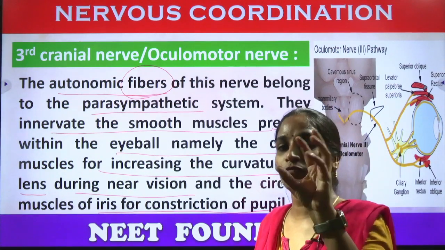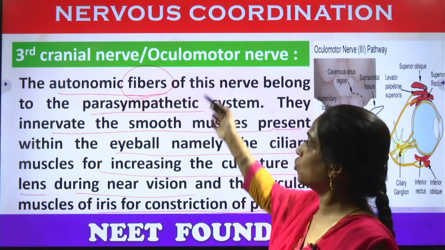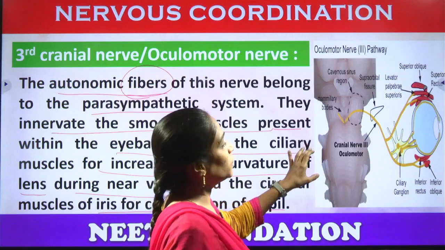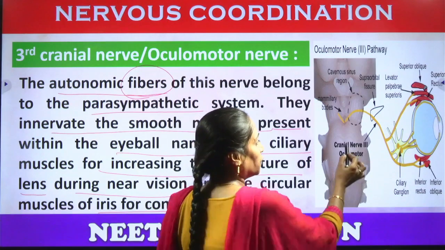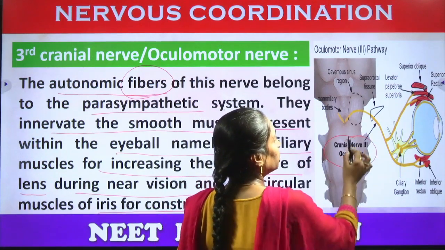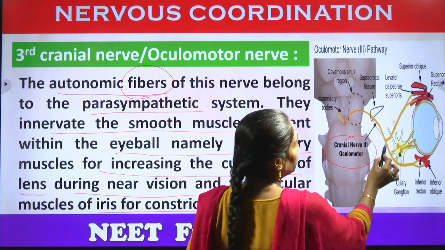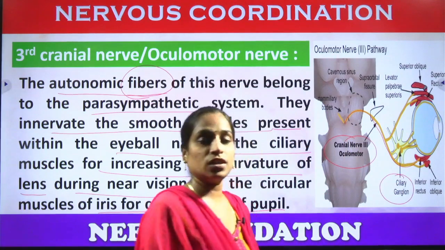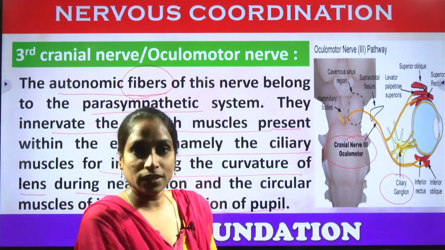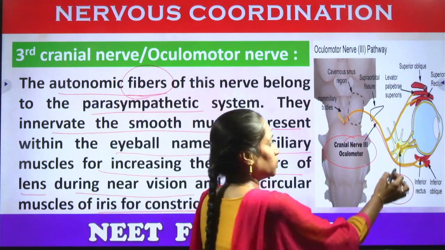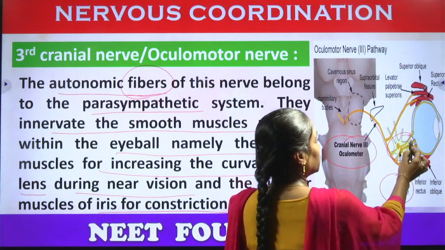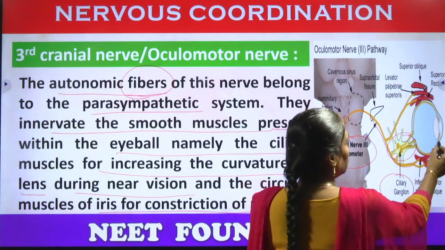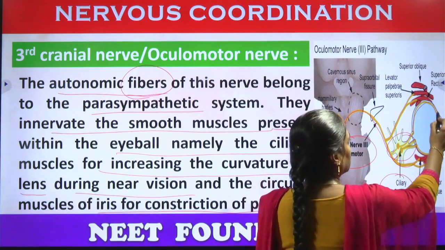This kind of movement is under the control of the third pair. Let us see here in the picture, we can observe the cranial nerve, oculomotor. This is attached towards the ciliary ganglion. What is the ciliary ganglion? The ciliary muscles are attached towards the ciliary nerves, and these control the movement of the iris.